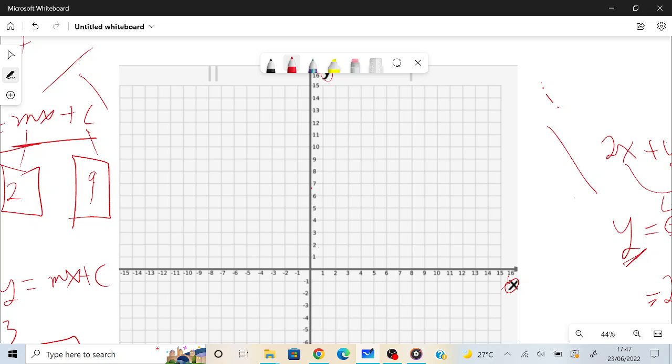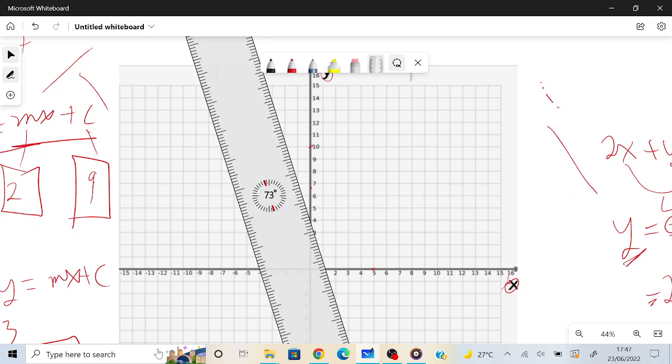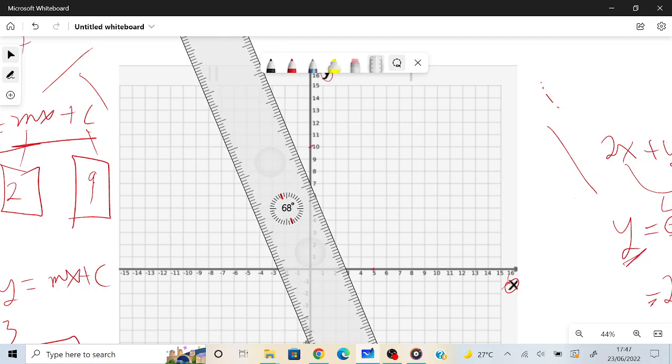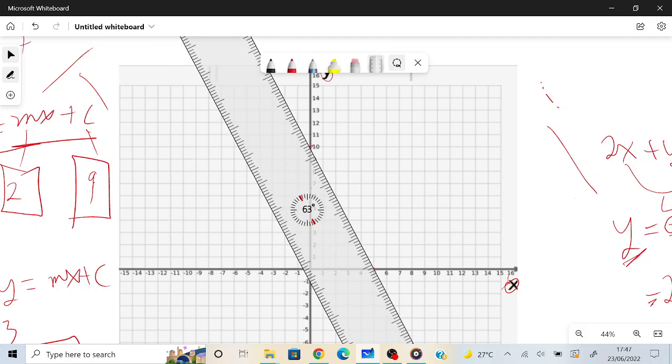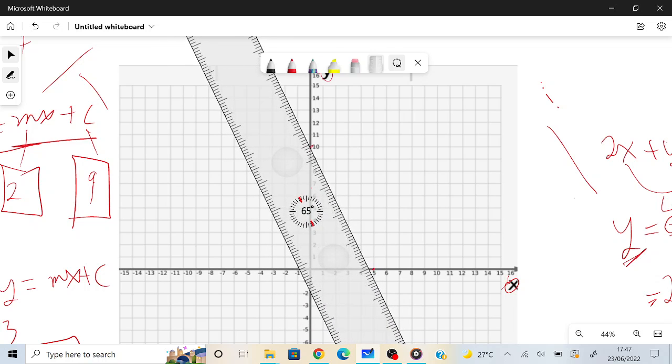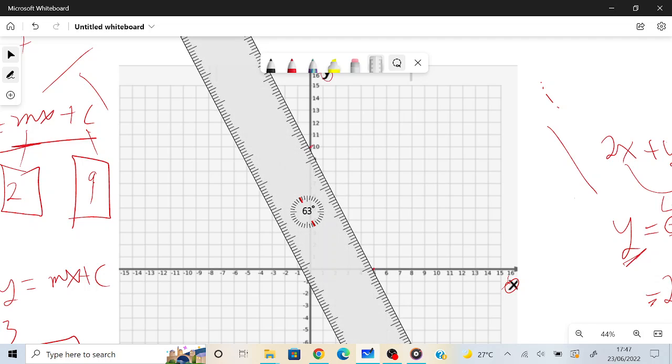We had 5, 0, that's somewhere there, and we had 0, 10, which is somewhere there. And taking a ruler, you have something like this. Take your pen or pencil, most likely pencil.